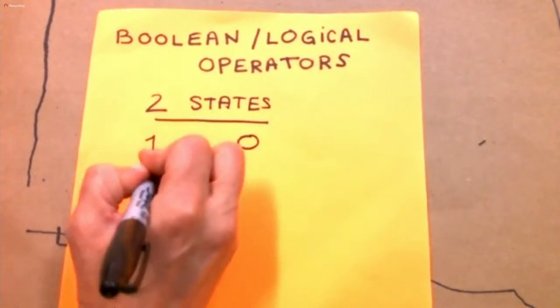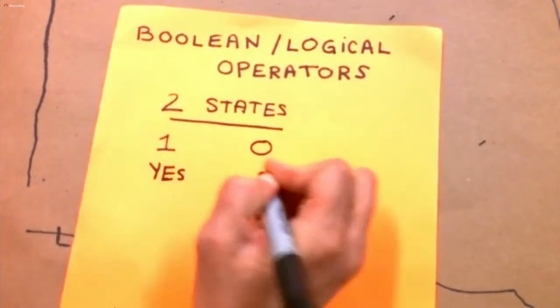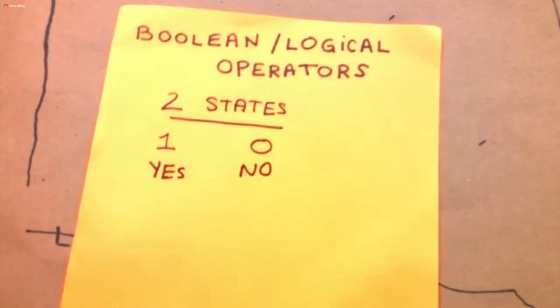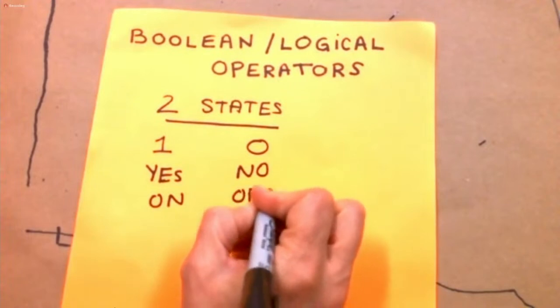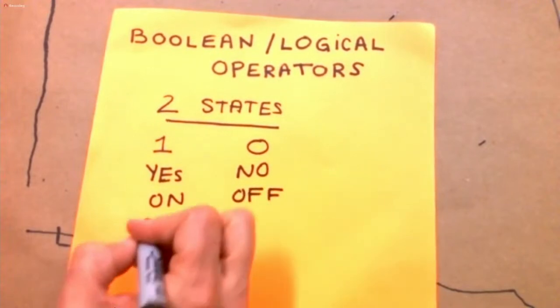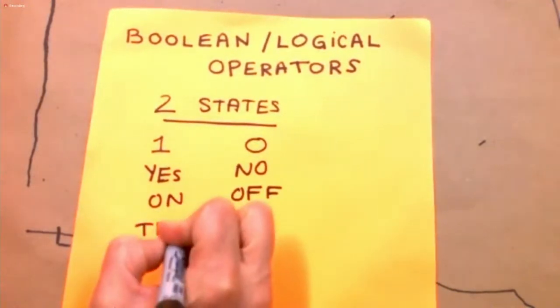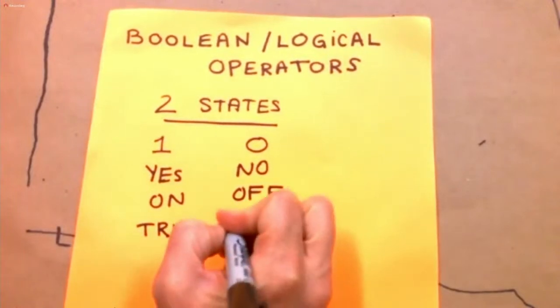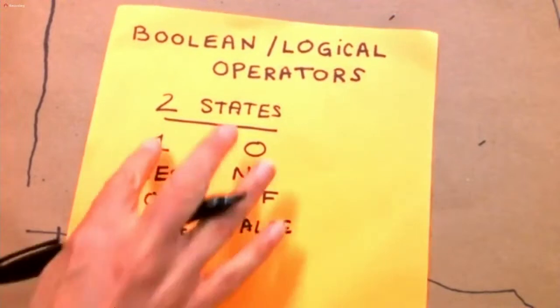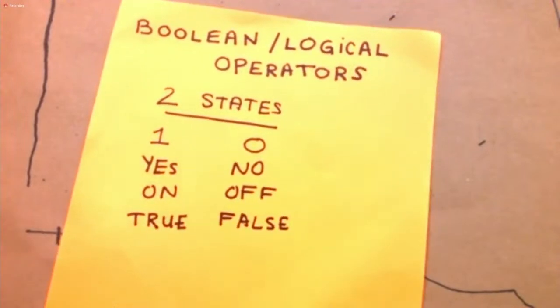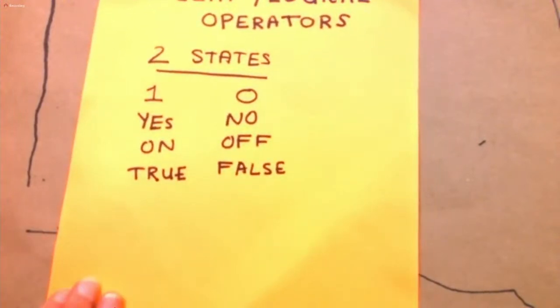Sometimes they're called yes and no, which is what we just saw. Sometimes they're called on and off. And sometimes they're called true and false. So what Boolean operators do is they take these two states and they make decisions based on them.